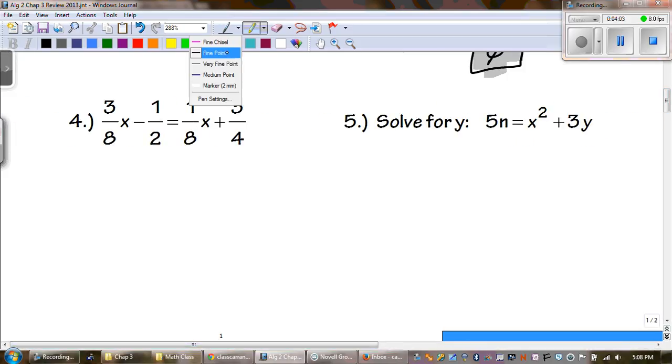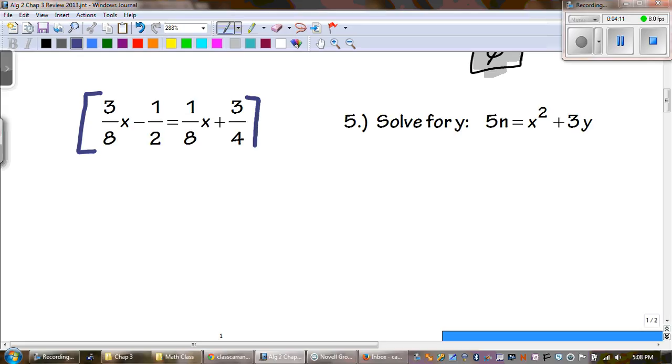All right, number 4. Now we're kind of going to do the same thing, but to get rid of the fractions, we're going to multiply by the lowest common denominator for all of those. And it's nice because it's actually 8. So off to the side, if you need to do your side work, 8 over 1 times 3 over 8, you get 24 over 8.